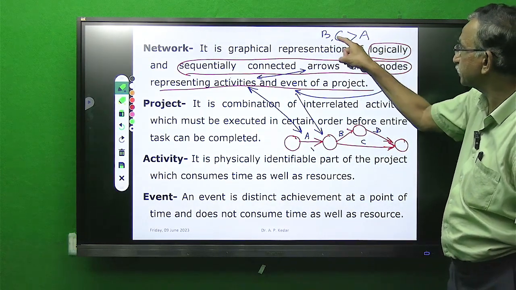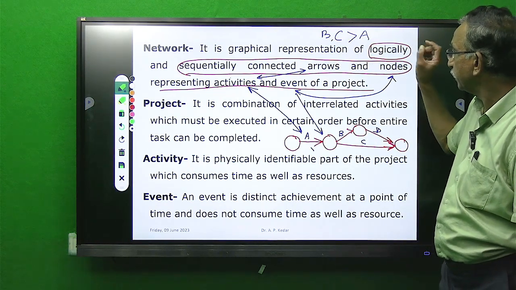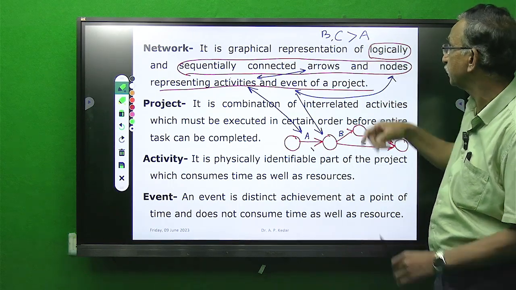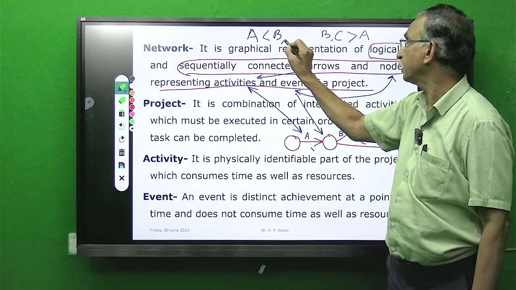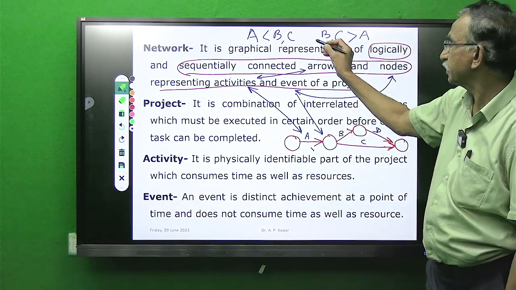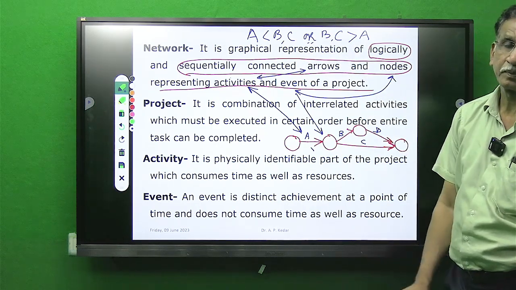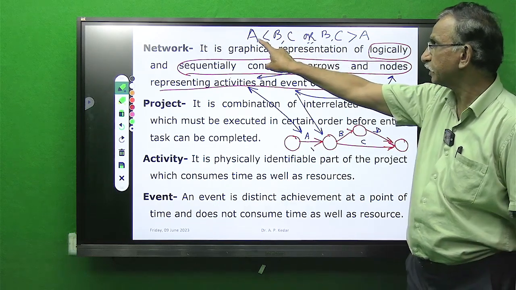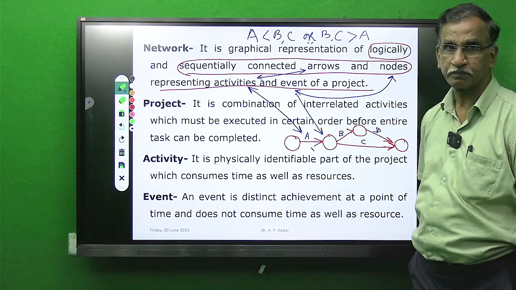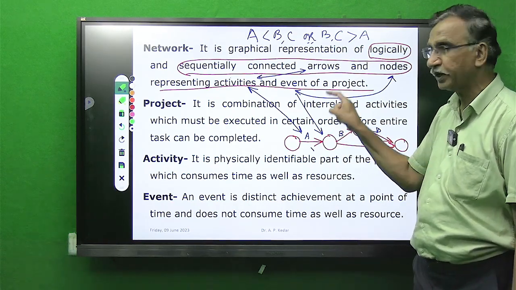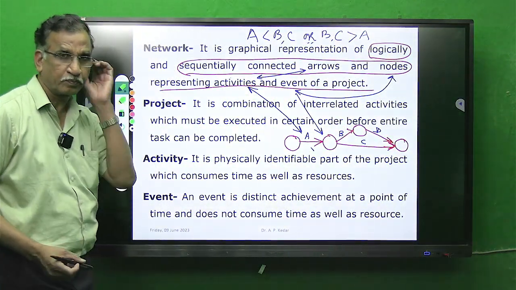The meaning of this logical statement, B comma C greater than A, is that indirectly A is less than B comma C. The meaning is, unless and until we complete activity A, I cannot start activities B and C, or B and C depend on A. That is the logical relationship.